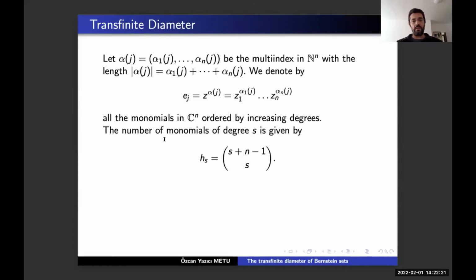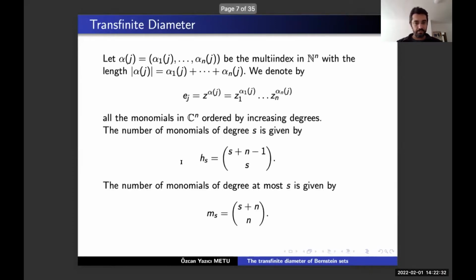You can count the number of monomials of degree s. This is a simple computation, a good exercise for any undergraduate. And this is the number of monomials of degree at most s. We will denote this by ms. We will use these numbers later.